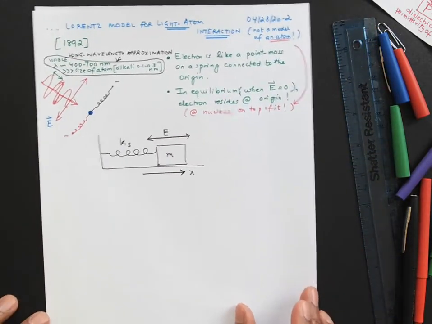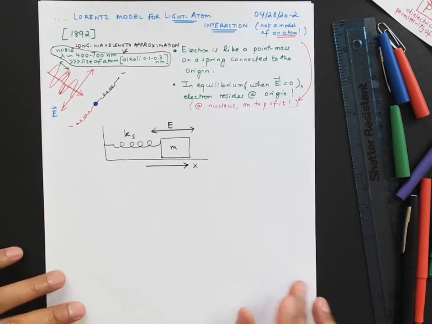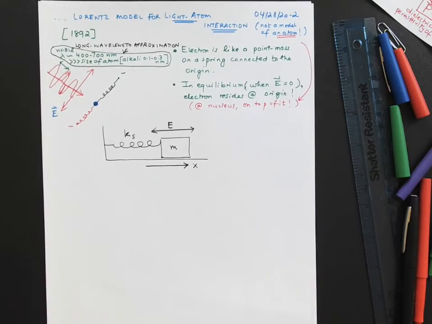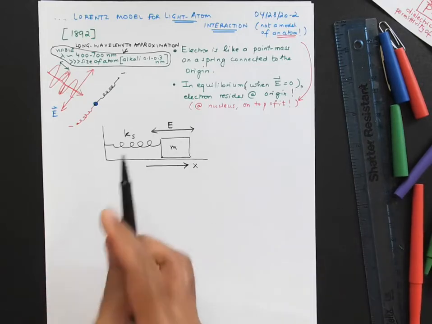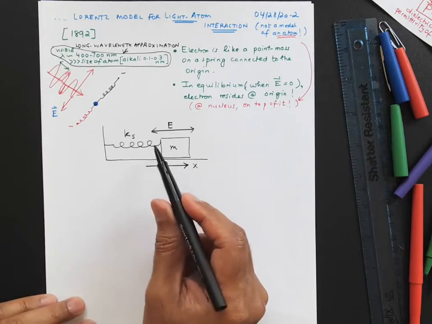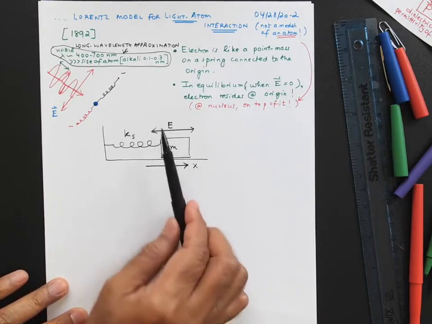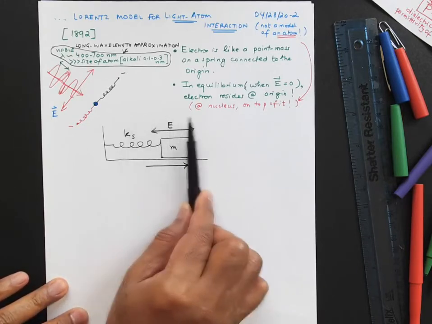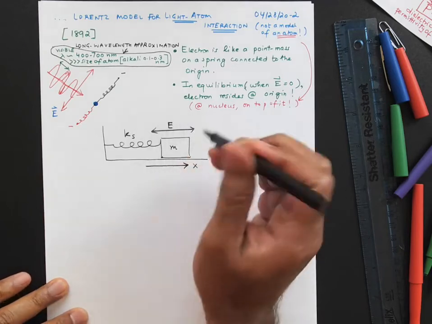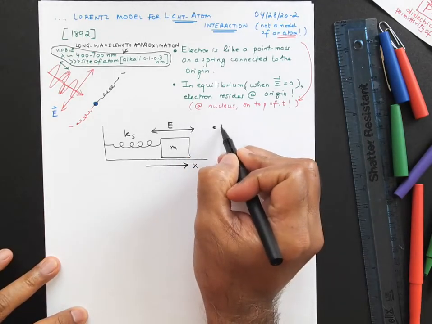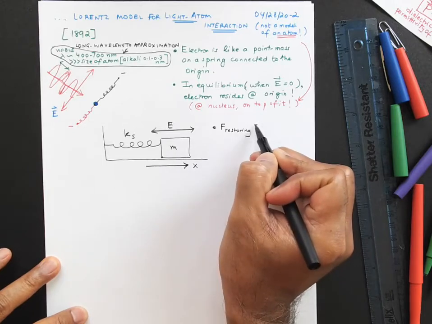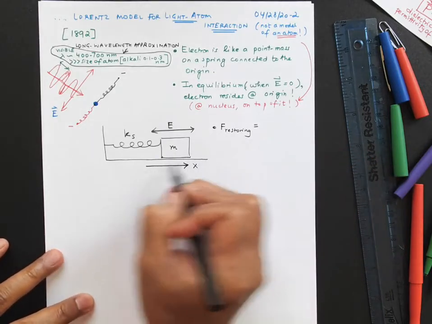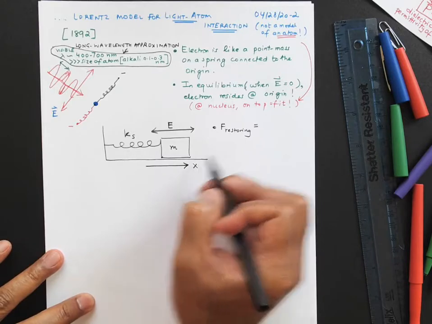Okay, so let's continue with this model. It's a very important model, and also so simple. Let me remind you about this. When you pull this away from its equilibrium point, then there's a restoring force, if you remember, and this F restoring was proportional to the displacement away from equilibrium, right?